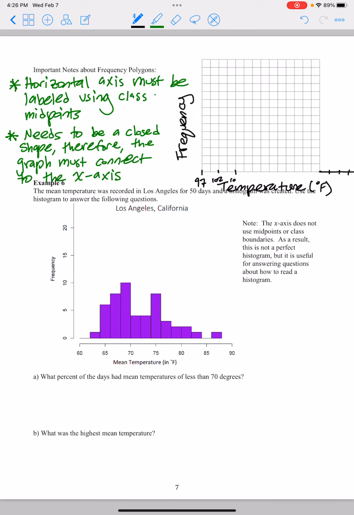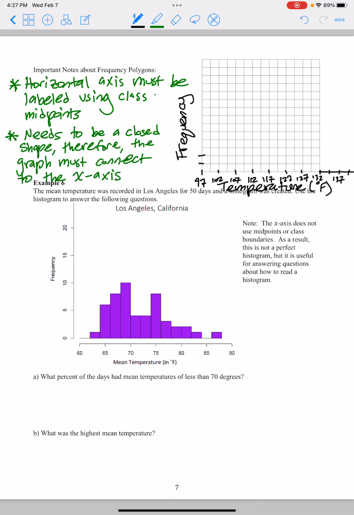Then we have 107, 112, 117, 122, 127, 132, and we always need one past that, which would be 137.